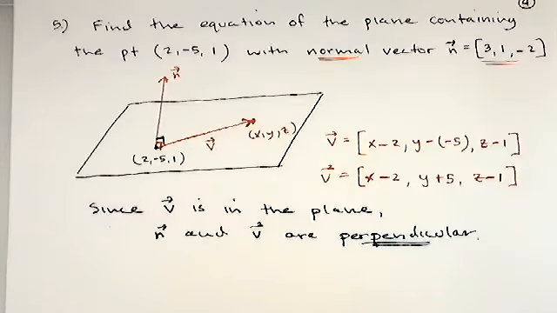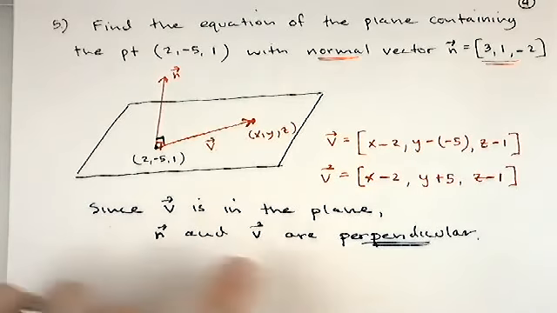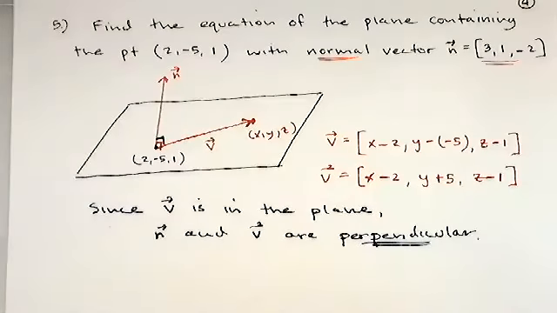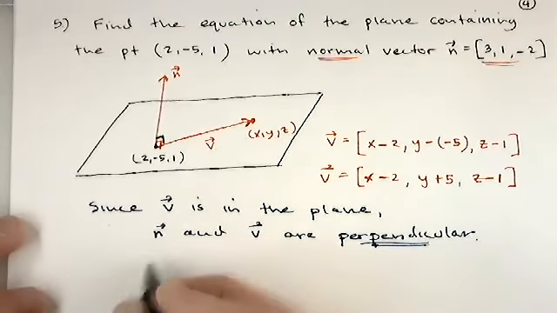Right at the end of class here, we'll be done when we finish this. Kind of a big summary if you've been paying attention. So somebody tell me what I then know about N and V in terms of their dot product. How many people remember that if N and V are perpendicular, their dot product must be 0?